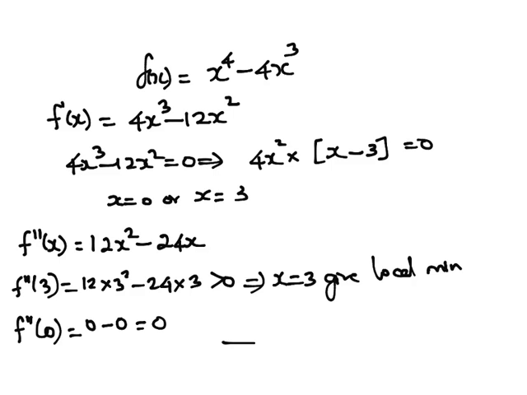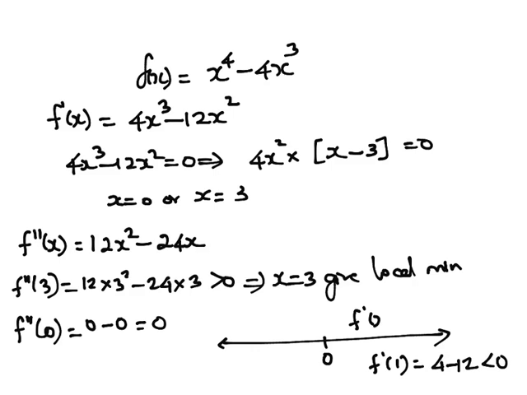The only way to find out is to draw the number line, write 0. Now take a value more than 0. Let me take 1 and put it in the first derivative. So f dash of 1 is 4 minus 12, which is negative. So f dash of x is negative after 0. Let me take a value before 0.